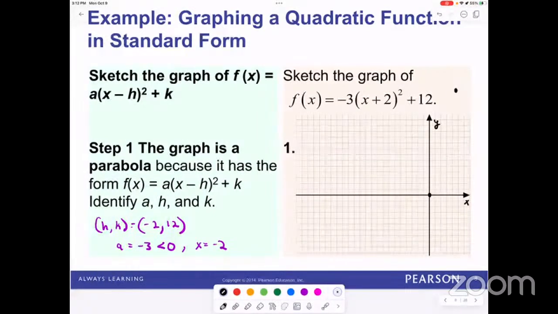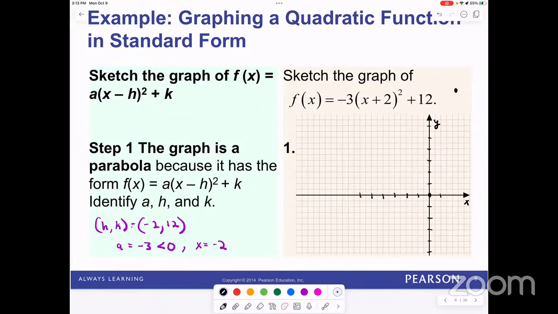Let me see. 2, 4, 6, 8, 10, 12. We had just enough there. Then negative 1, negative 2, negative 3, 4, 5, 6.